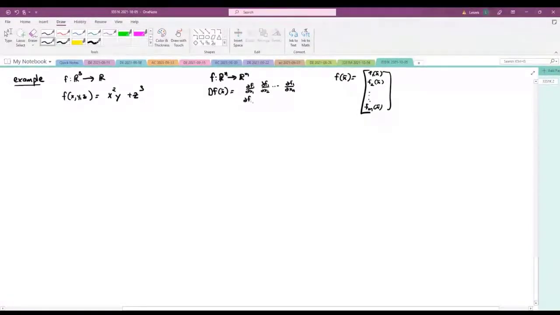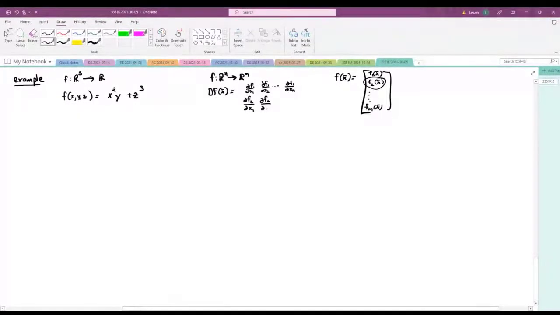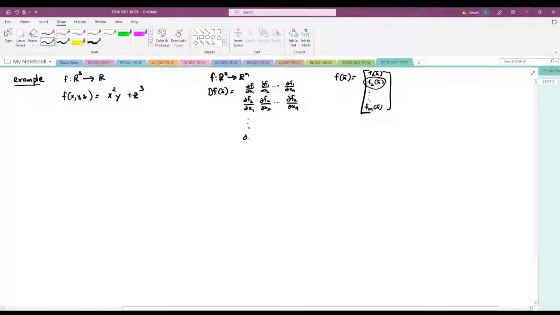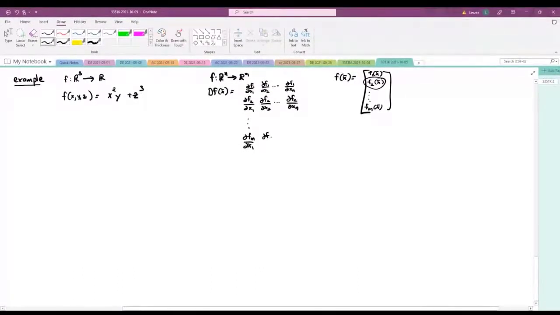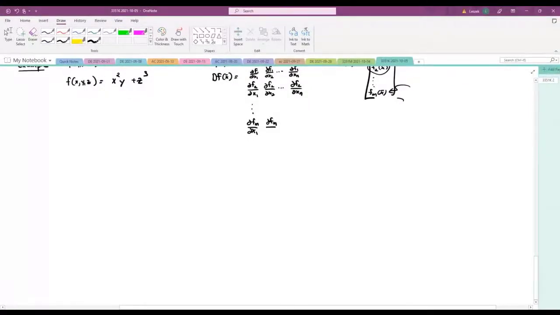So we then repeat: for the second row of our Jacobi matrix, we differentiate the second component of our function with respect to the n coordinates. And we keep doing this until we get to the mth component of function f and differentiate it with respect to the coordinates. So essentially the rows are gradients of these component functions.